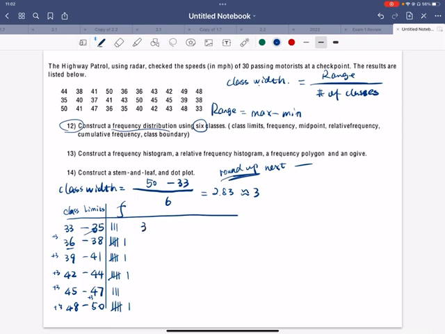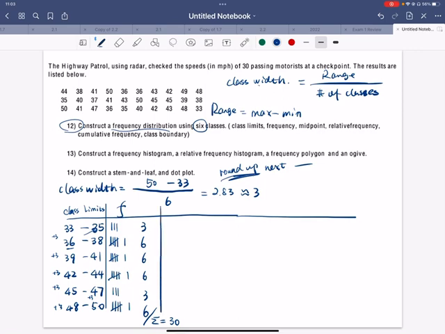I have 3, 6, 6, 6, 3, 6. If I take the sum of all the frequencies, that is 30, which means I'm not missing or overcounting any number. That's great. This is my frequency column.